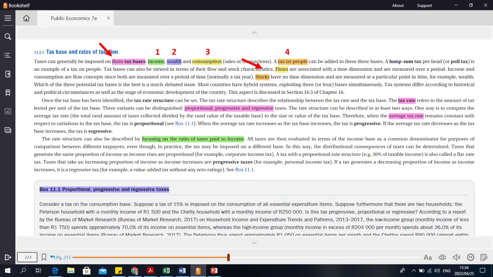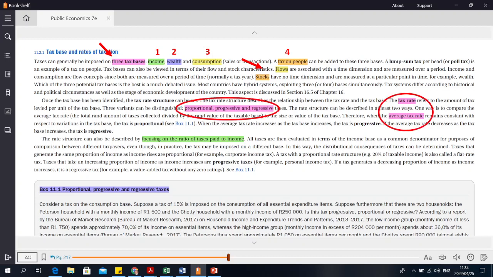Then we have to distinguish between flows and stocks. So you can see that income and consumption are flows, so income tax and consumption tax is a tax on a flow, while the wealth tax is a tax on a stock of wealth.